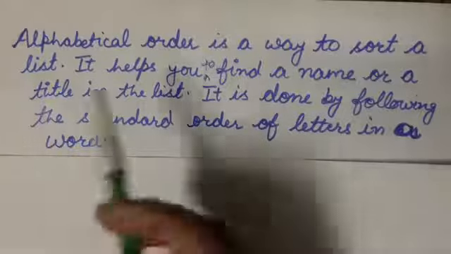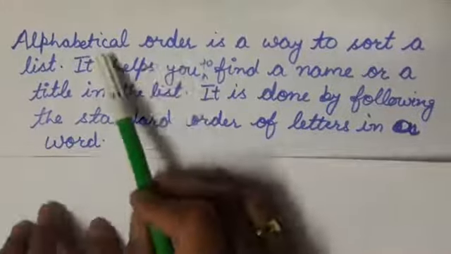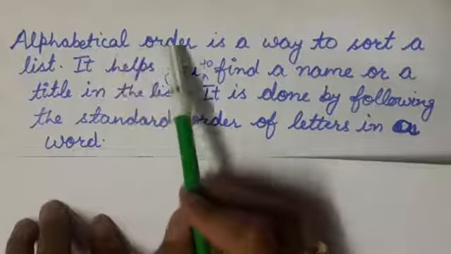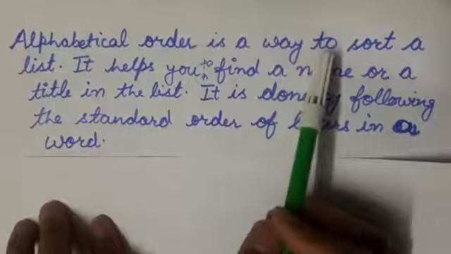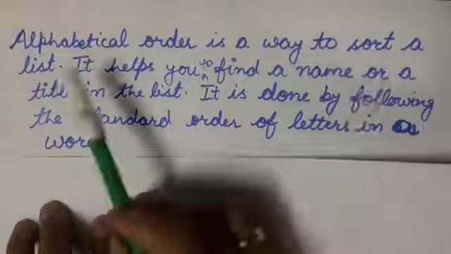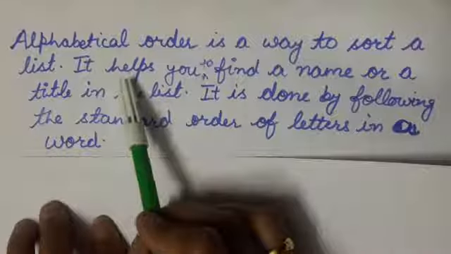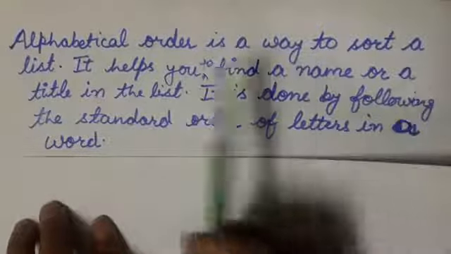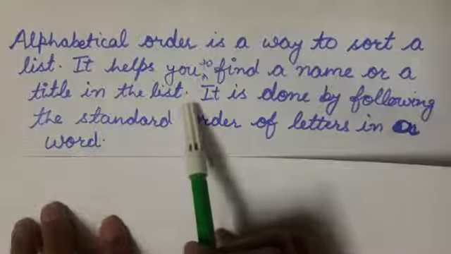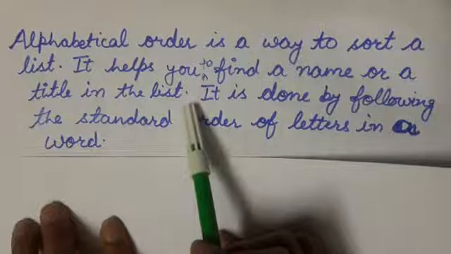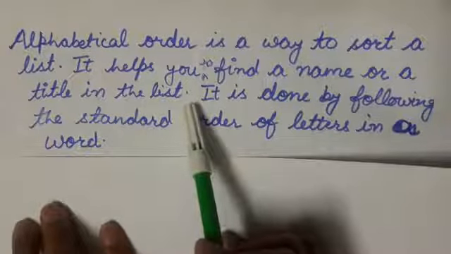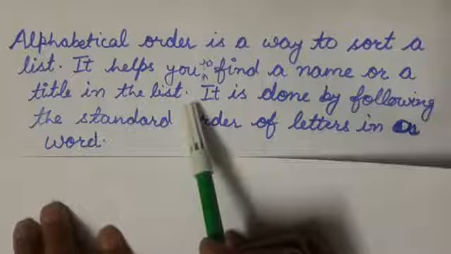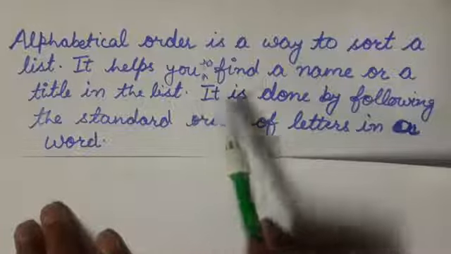So first of all, let me tell you what alphabetical order is. Alphabetical order is a way to sort a list. It helps you to find a name or a title in the list. We have to arrange the words according to the sequence of the letters.